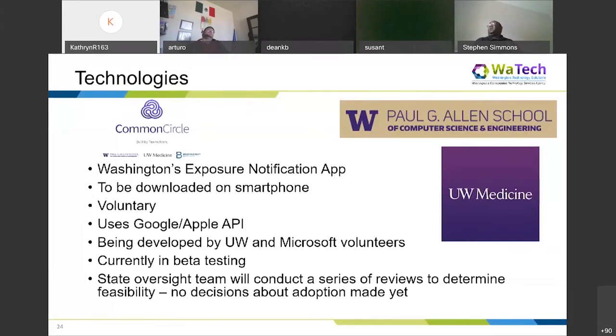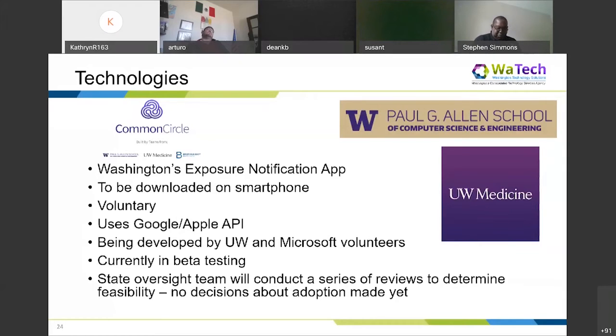So no decisions have been made yet in Washington in terms of the adoption of this, but it is being thoroughly researched and looked into, and it's going to be a voluntary app that people can download. It's using the Google Apple application programming interface, and it's being developed with UW and Microsoft volunteers. The beta testing that I last saw was with COVID Safe. I haven't seen the beta testing for the Common Circle yet.